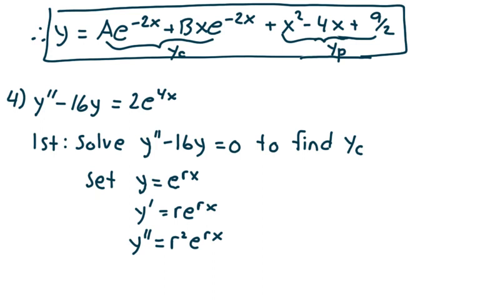So putting everything together, I get y equals ae to the negative 2x plus bx e to the negative 2x. That's my complementary. And then plus x squared minus 4x plus 9/2. And so those last three terms are my particular solution.